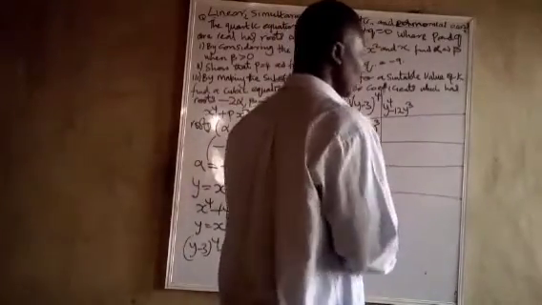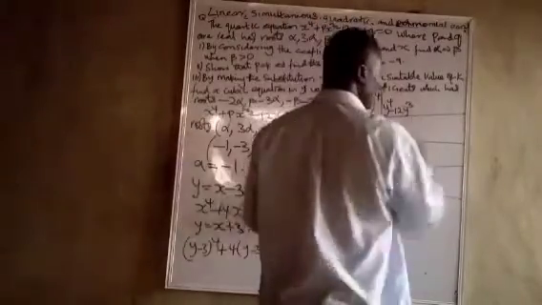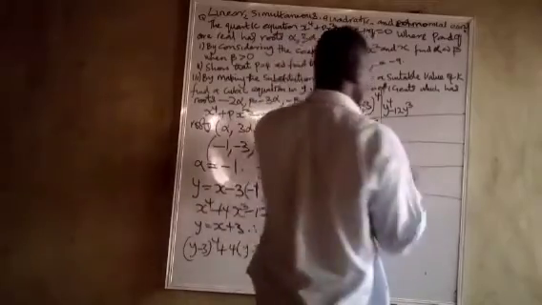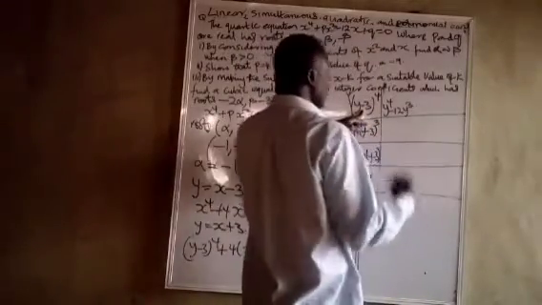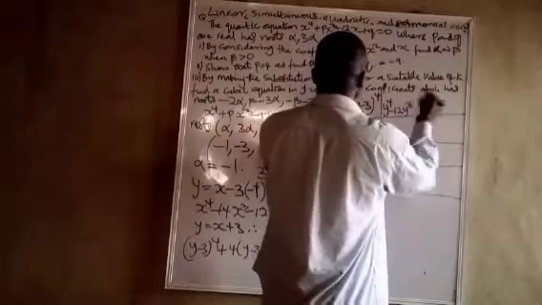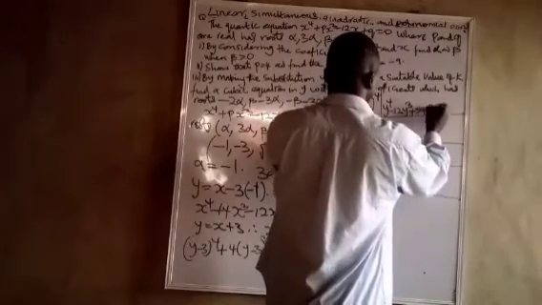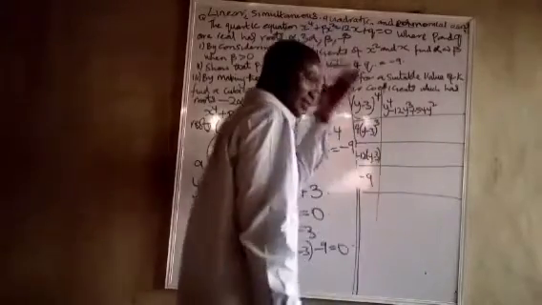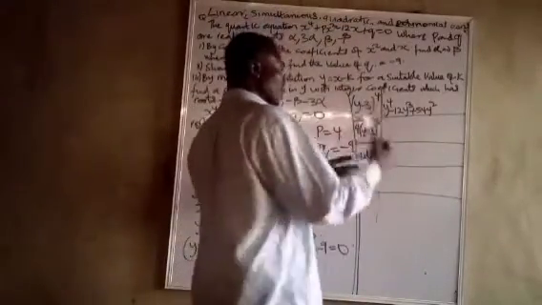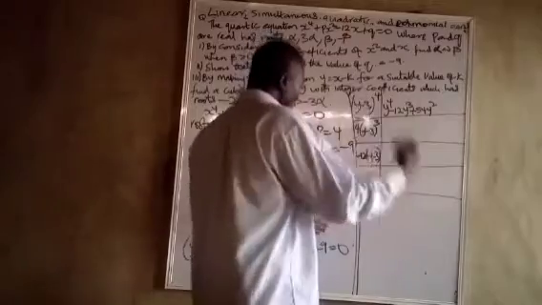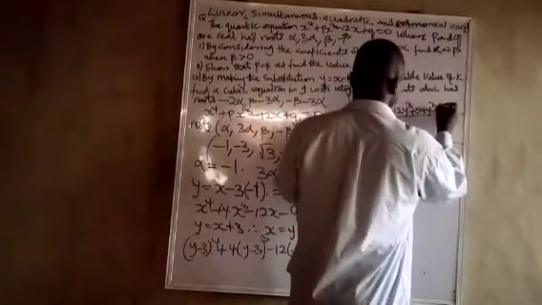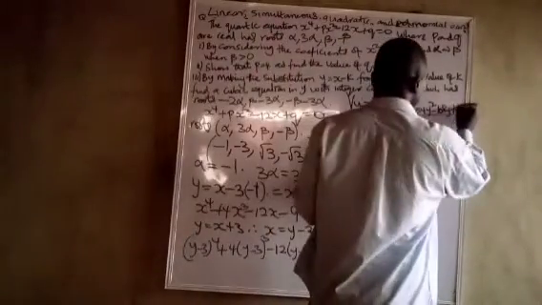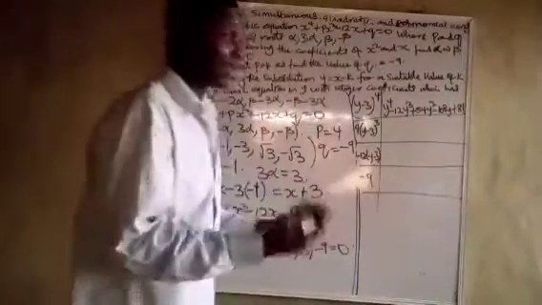Then the next one is 6y squared times minus 3 squared, that's plus 54y squared. The next one is 4 times y times minus 3 raised to the power 3, that is minus 108y. And minus 3 raised to the power 4 is plus 81. Please, that is binomial expansion.